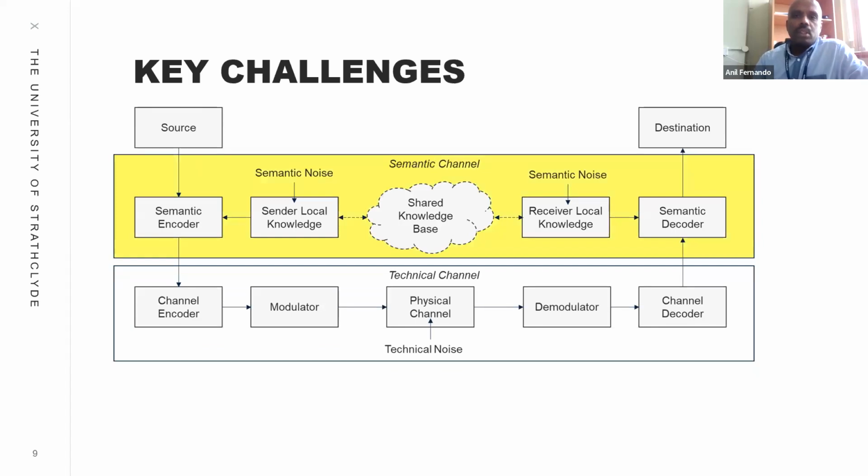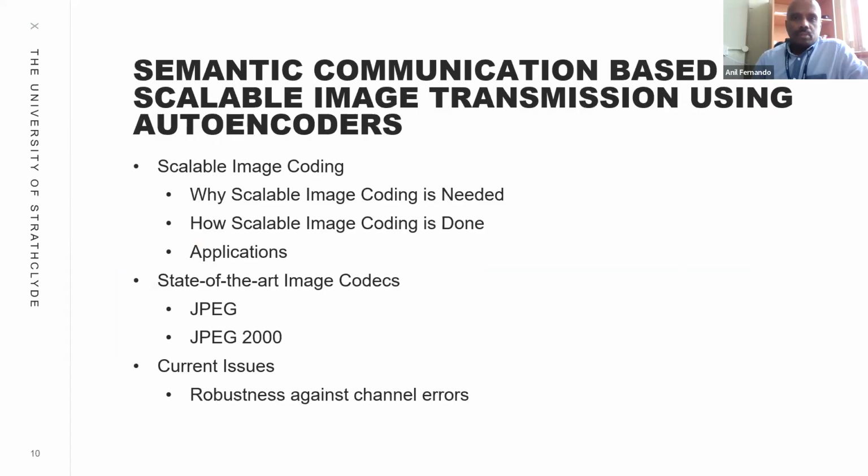So now our key challenge is happening in the semantic layer. Within this part of the presentation, I'm going to talk about how scalable image transmission can happen using the semantic communication concept: semantic communication based scalable image transmission using autoencoders.